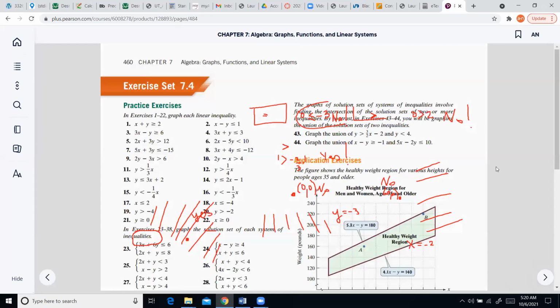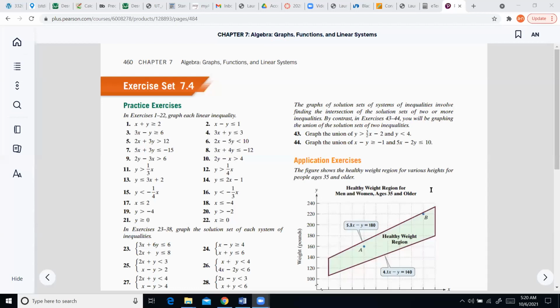So let me try to do an exercise here. I think I'll just do the first group of problems, 1 through 22, and that's going to be good enough for our class. So let me clear all the mess produced so far. So share screen again. And I'll just look at the first group of problems.